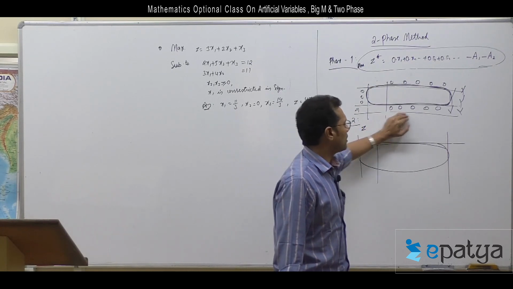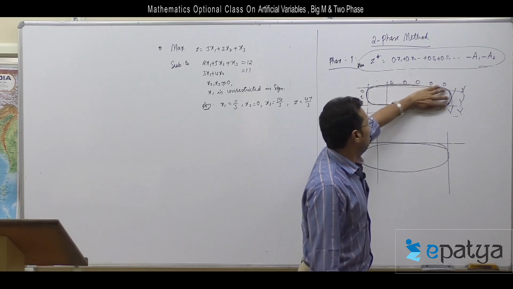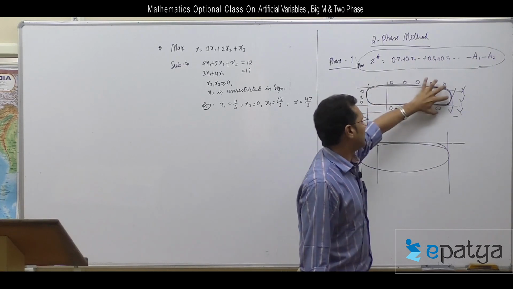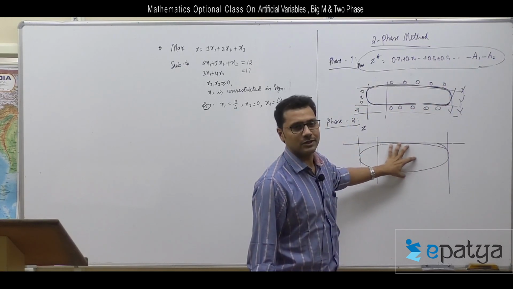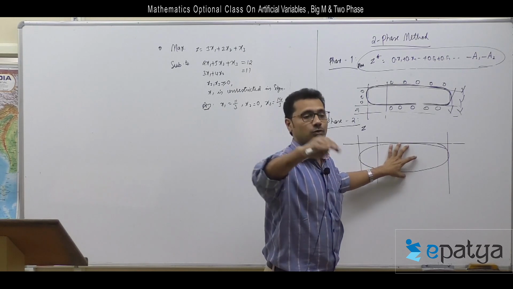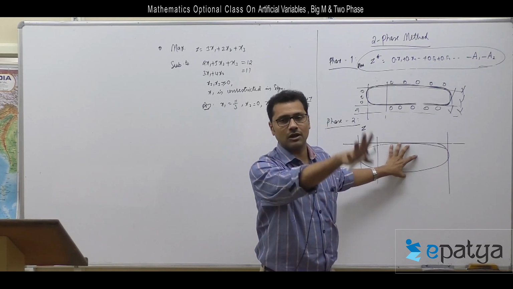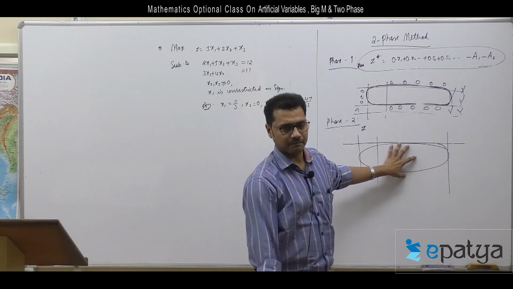Assuming that optimality is reached, with all zero net evaluations, you will get a solution space that becomes your initial basic feasible solution for phase 2, for which the original objective function comes into picture.